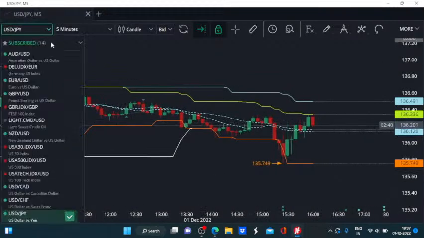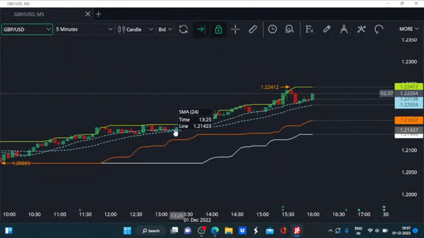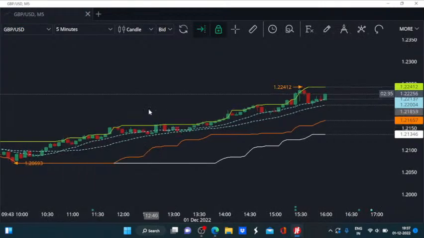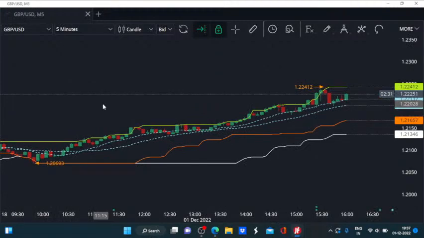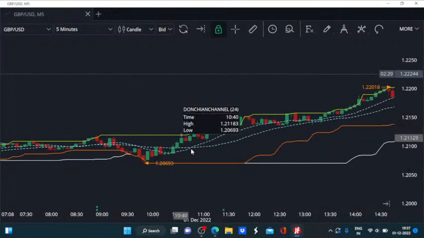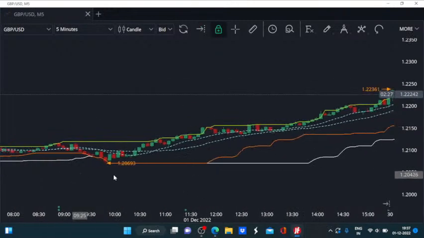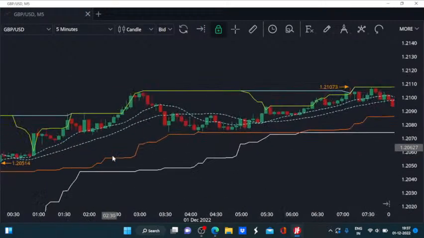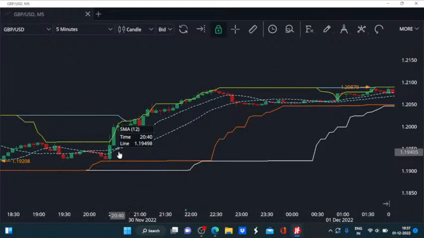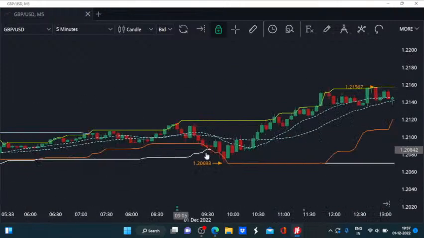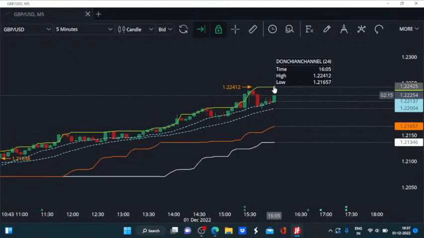So if we consider all these currencies here, we have the GBP USD, which has continued to strengthen throughout the day. And if we look at the magnitude of this rise, then let's consider its low for the day, which happened somewhere around 1.194, and from there on it has gained almost 300 pips.